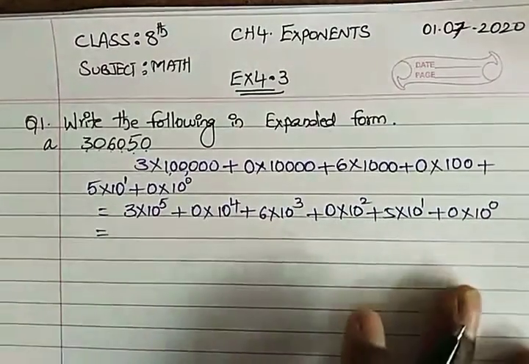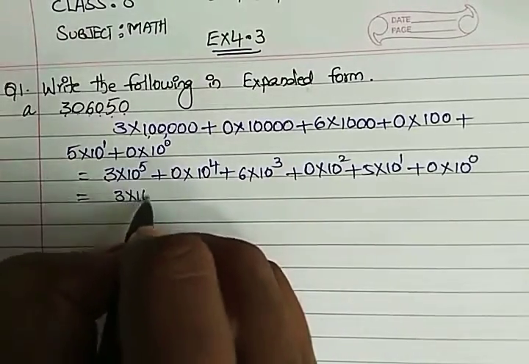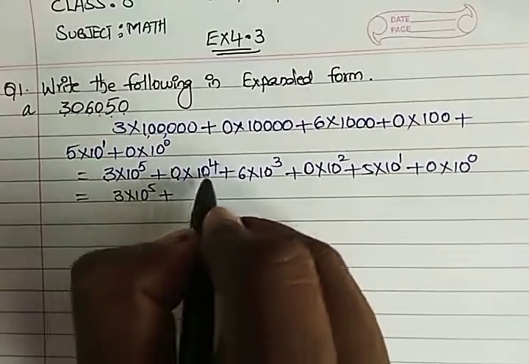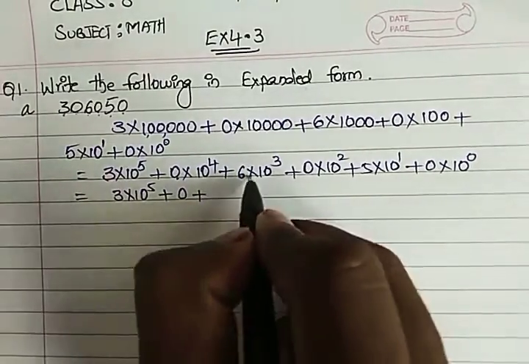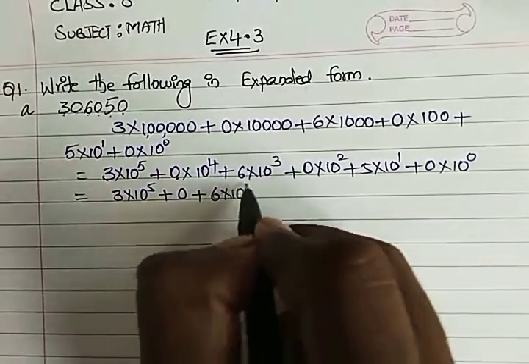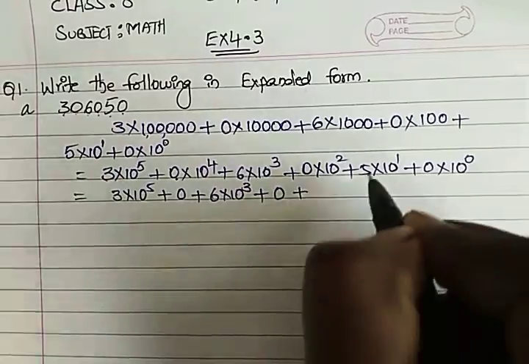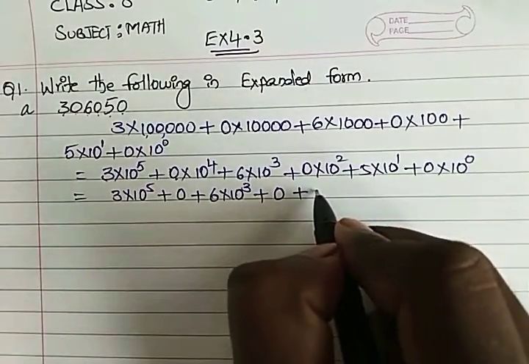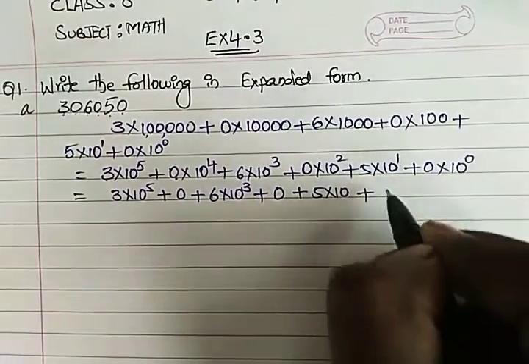Here certain values will get nullified, means they get removed. 3 into 10 power 5, plus 0 into anything is 0, so we will not write it, or you can write it as 0. 6 into 10 power 3, plus 0 into anything is 0, plus 5 into 10 power 1, which means 10, we can write it as 5 into 10 only, plus 0 into anything is 0.